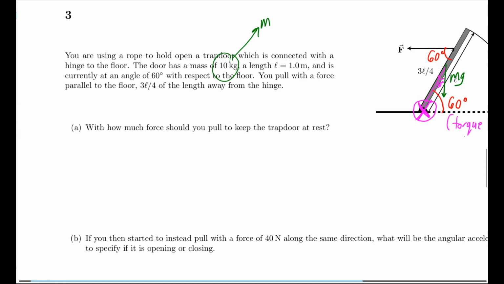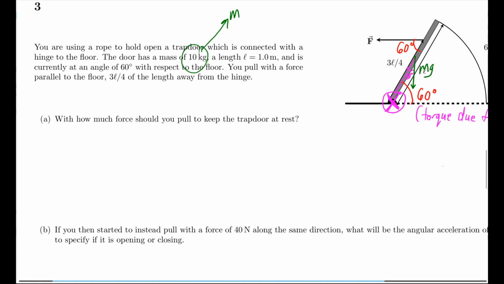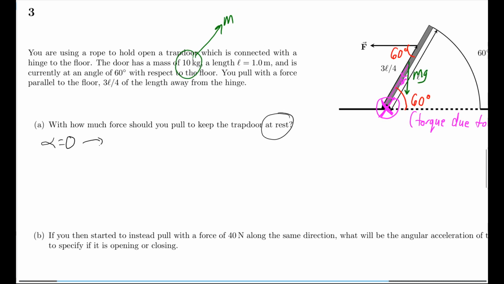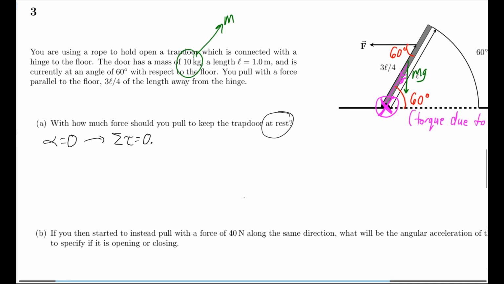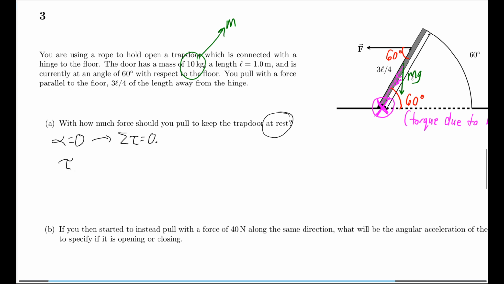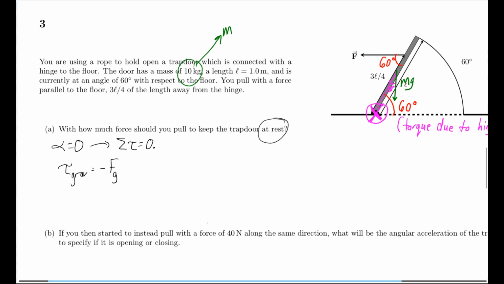Okay. How much force should you pull with to keep the trapdoor at rest? So what I know here, at rest, the angular acceleration is 0, and thus that implies that the net torque is 0. So the torque from gravity is going to be negative because it goes clockwise, negative force of gravity, the perpendicular component times the radius vector.